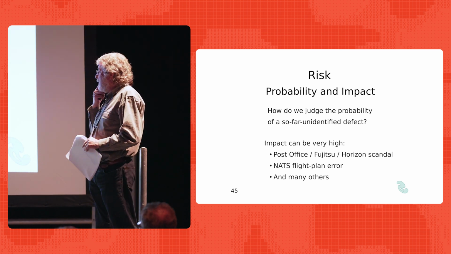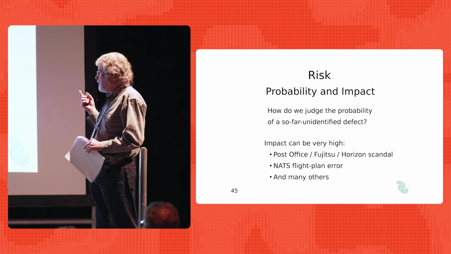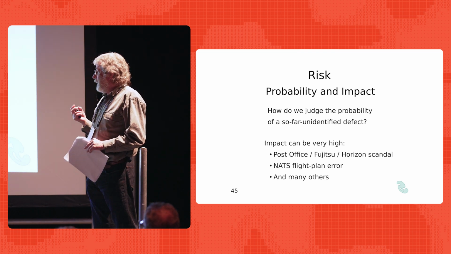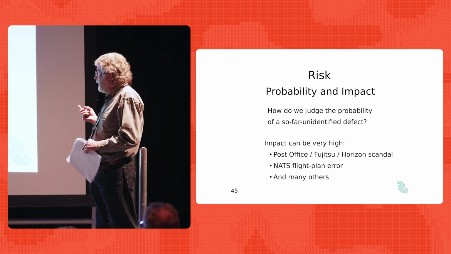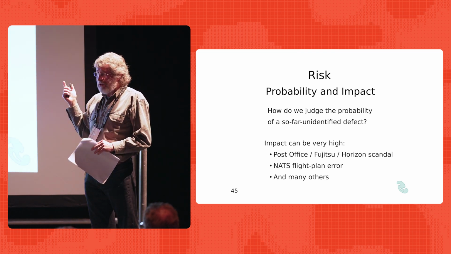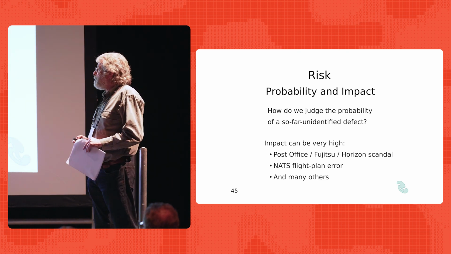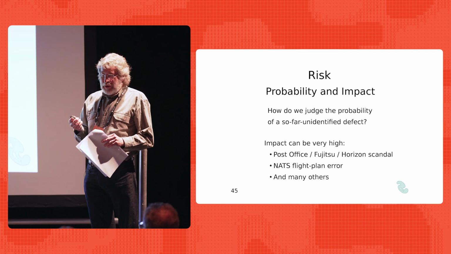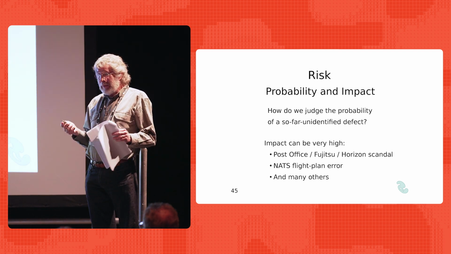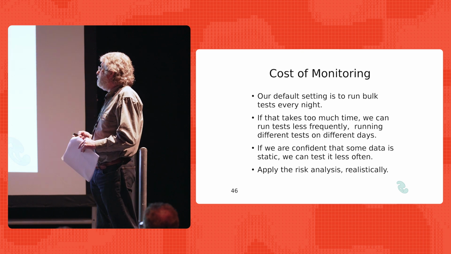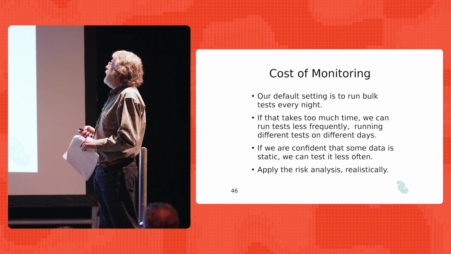And as we've seen, impacts of this kind of thing can be very high. The flight plan error was £100 million or something, and the Post Office Fujitsu thing, well, that's just horrific. But that was presumably application error or possibly human error, but it was affecting the data, and if you'd been monitoring the data, you might have had a better chance of finding it.